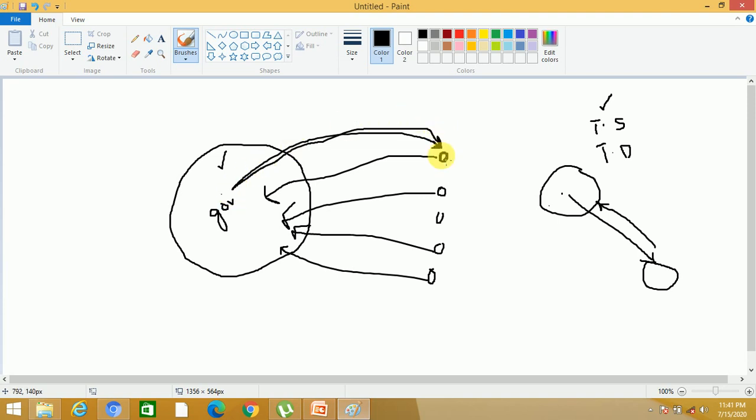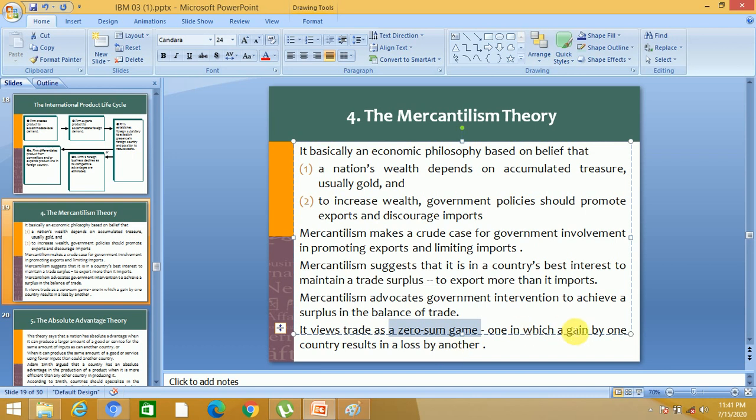We are exporting, but we are not importing. So this is one in which a gain by one country results in a loss by another. Here one country is gaining and the other country is losing. So this is basically mercantilism theory.